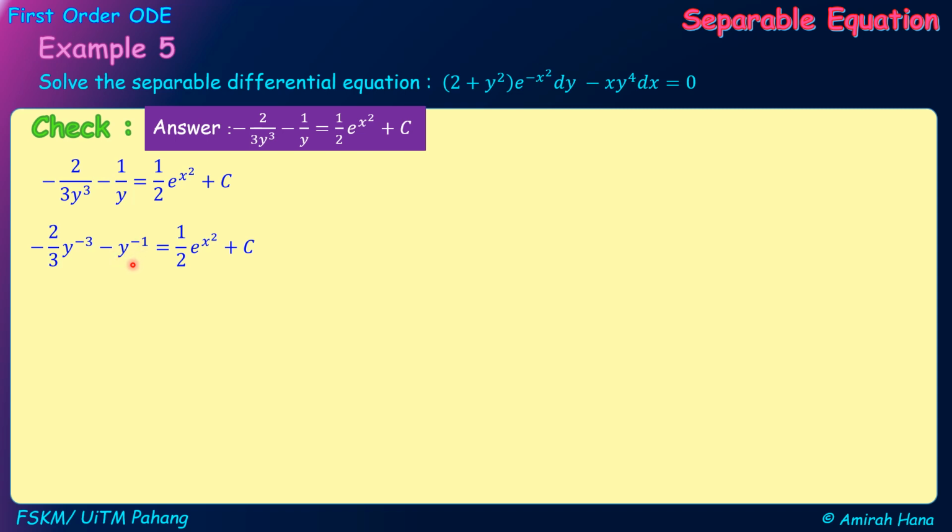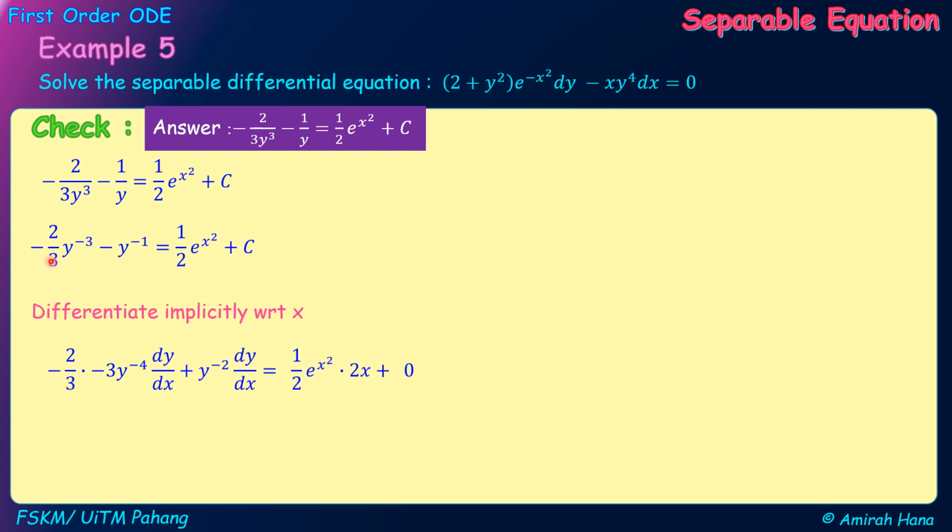Then we can differentiate implicitly with respect to x, because we want dy over dx. So from here, we differentiate one by one, because in between we have a minus sign and a plus sign. After we differentiate, we get this.